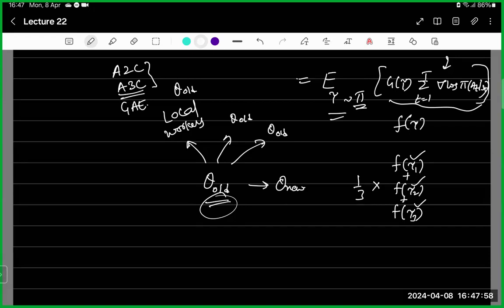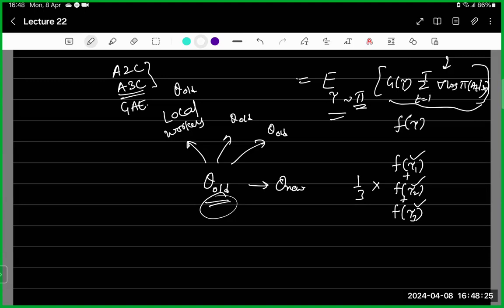That's why this will have a lesser variance, because here you are just estimating the expected value of something. If you use more samples to estimate the mean, then you will have a lesser variance, right? Your approximation will be better. So this will help in improving the variance of your algorithm and help in faster convergence also.